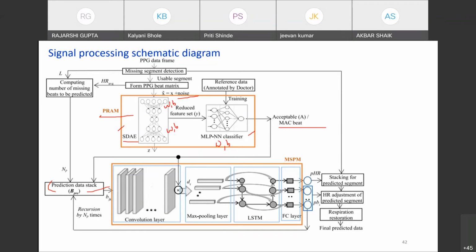Based on this, we developed a missing segment prediction model using a deep learning tool called long short term memory, or LSTM. I am not discussing this part because it has nothing to do with signal quality assessment, but I have discussed that for missing segment prediction from the same channel data, signal quality assessment can be a useful tool.